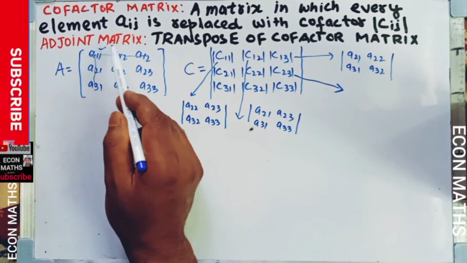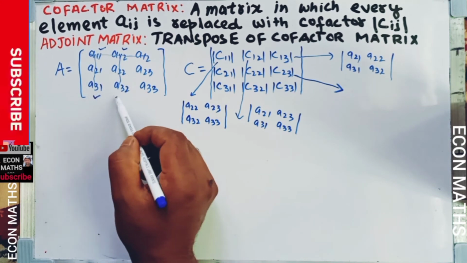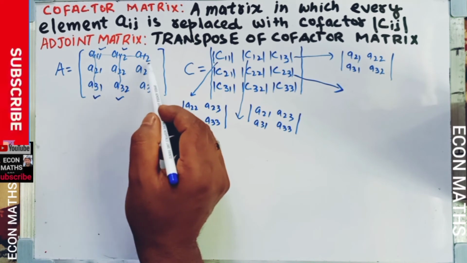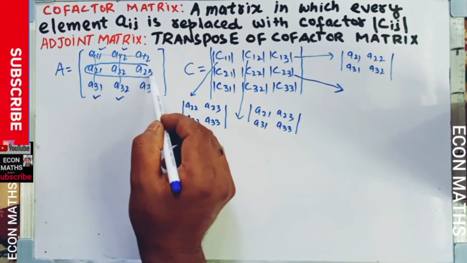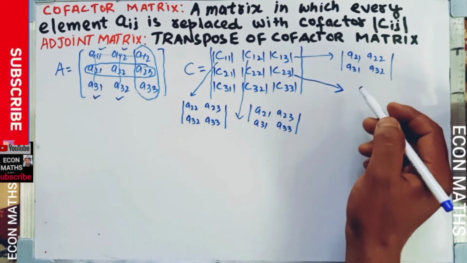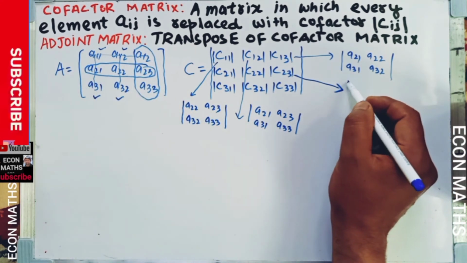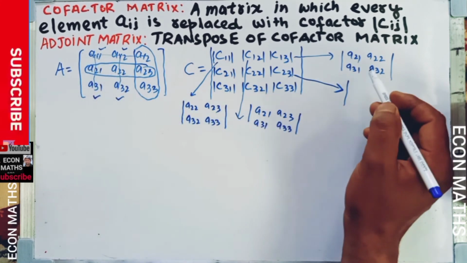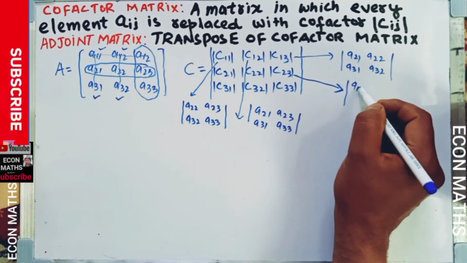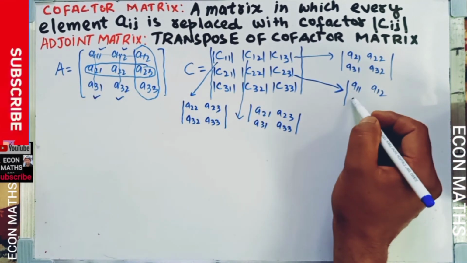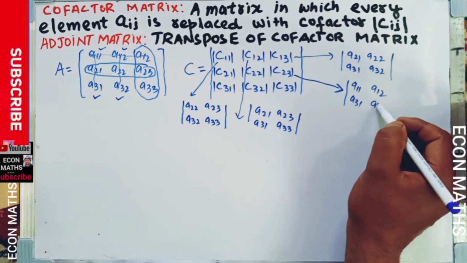Because we delete this row and this column, the remaining elements form the determinant, that is C23 is here A11, A12 and A31 and A32.